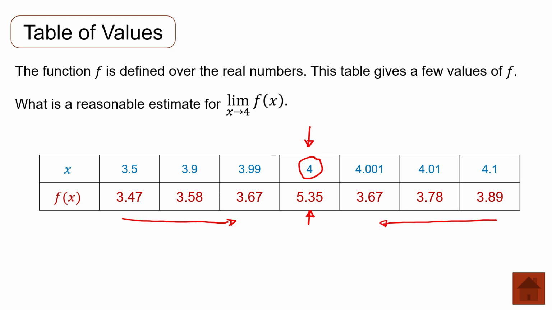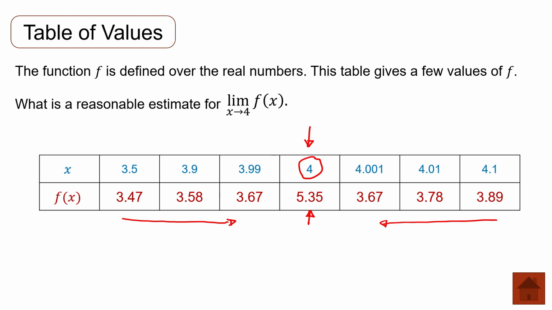So here, as you can see from the left hand limit, 3.47, 3.58, and then it becomes 3.67, and it stops at that point. Now you look at the jump, okay? You look at the x and the corresponding y value. So at 3.99, the output is 3.67.